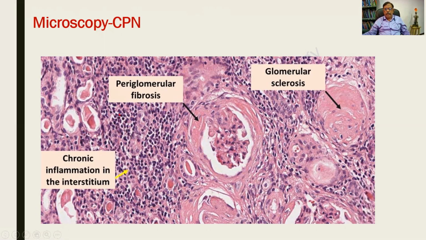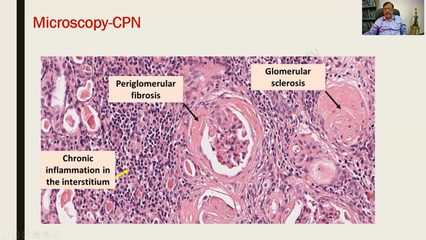Look at the dark blue dots, they are all the chronic inflammatory cells. The normal chronic inflammatory cells that we see are lymphocytes and plasma cells. Sometimes foamy macrophages can be seen, and they are seen in xanthogranulomatous pyelonephritis.